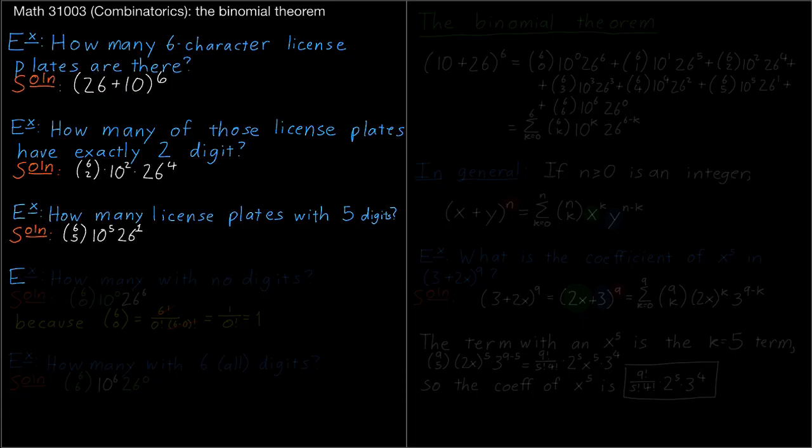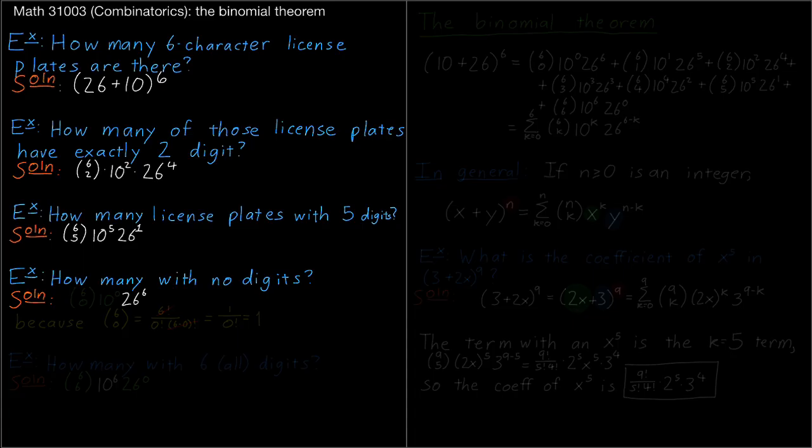And final example, how many with no digits? And the solution to that one, well, you've got 6 characters and they're all letters, so there are just 26 to the 6th letters in a row.